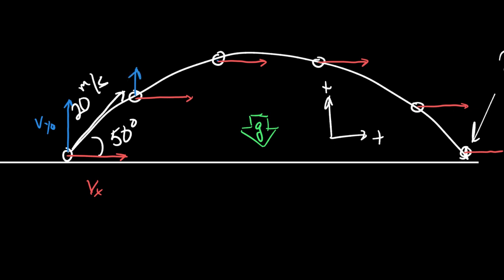In fact, it's going to become very small, and at the very top, Vy will be 0. Vy represents velocities at some time in the future. Vy naught is the instant it leaves the ground. It's the only one that has the 0 next to it because it's the only one that represents a specific moment in time. Vy represents any moment in time in the future after time 0.